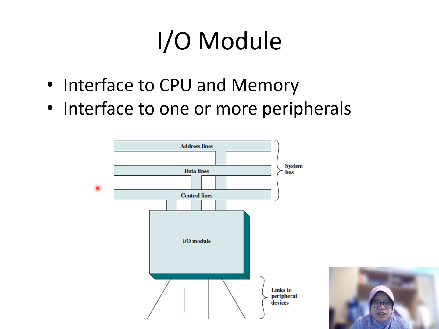In this figure you can see the I/O module has two major functions. One is the interface to the CPU and memory, and the other is the interface to one or more peripherals.